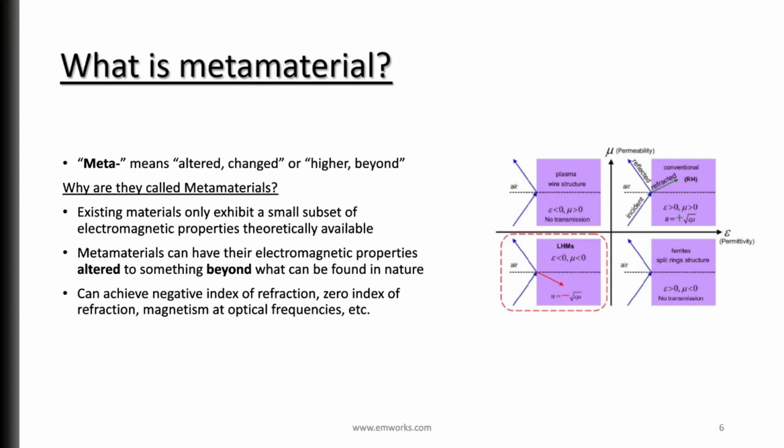All natural materials like glass or diamond have positive electrical permittivity, magnetic permeability, and an index of refraction. The electrical permittivity and the magnetic permeability are the main determinants of materials' response to electromagnetic waves. In metamaterials, both these material parameters are negative.